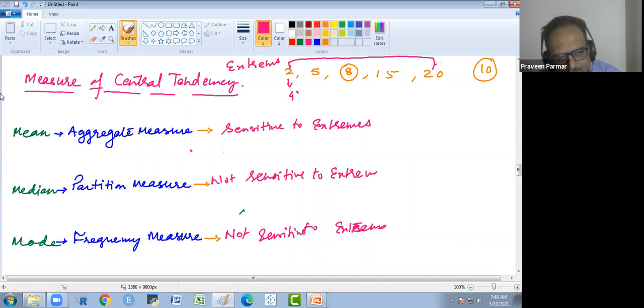And suppose a person whose age is 80 years is also in the data, in the multiplex or theater where Kabir Singh was running. The 80-year-old person was actually there. So this is an outlier, because this is the extreme case.